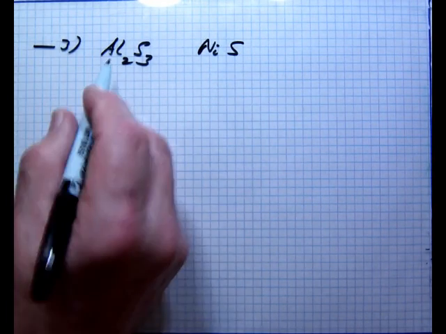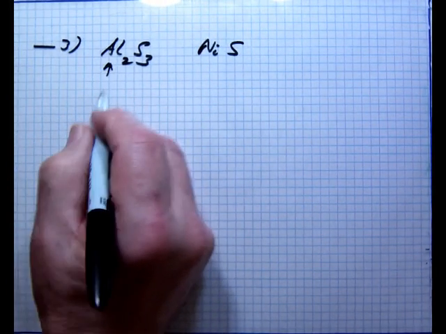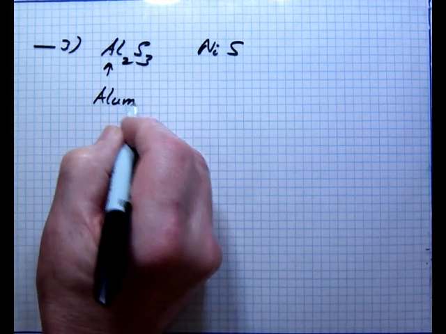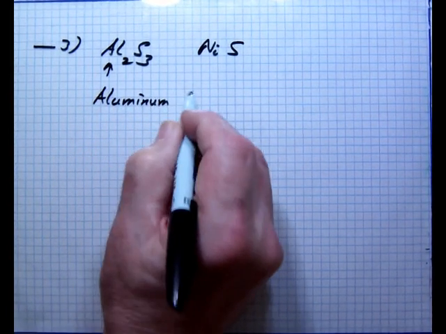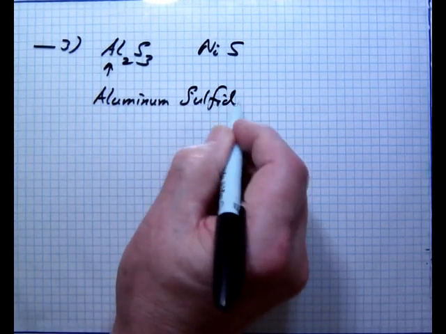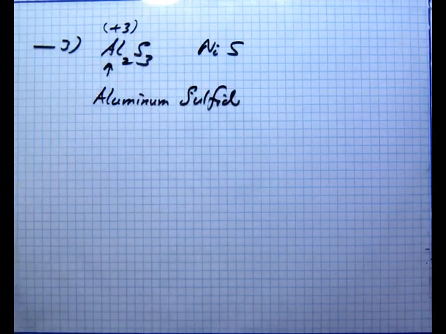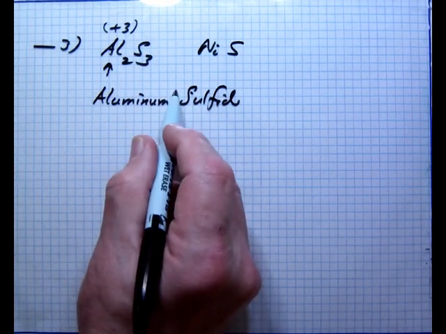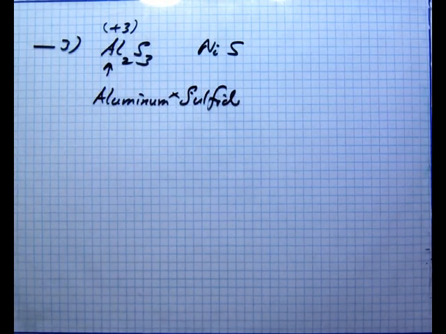Let me come back to that for a second. But this being fixed charge, you simply name aluminum sulfide. Even though it has a +3 oxidation state, it's not necessary to put in there a Roman numeral.